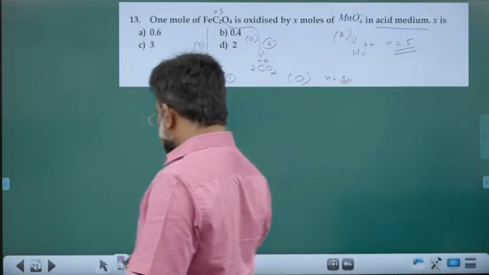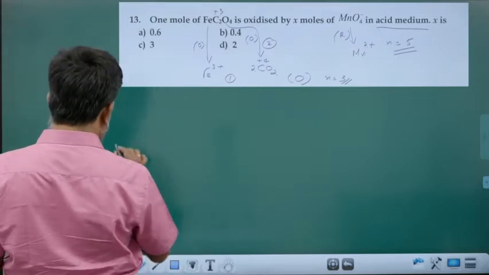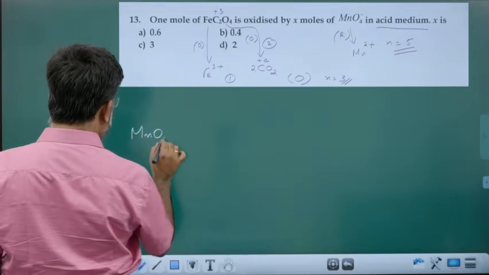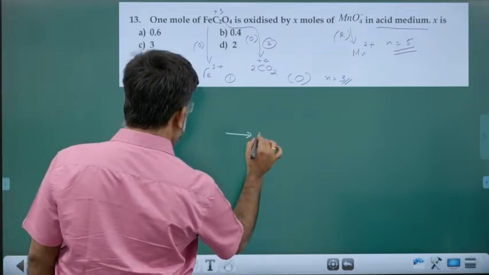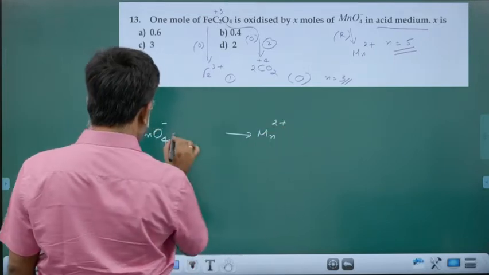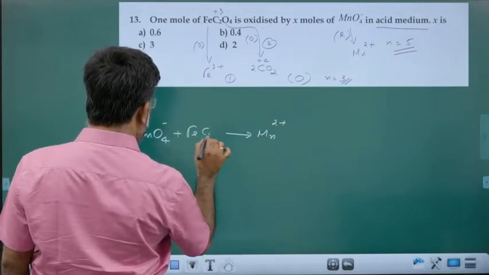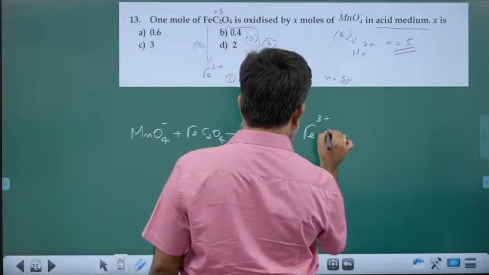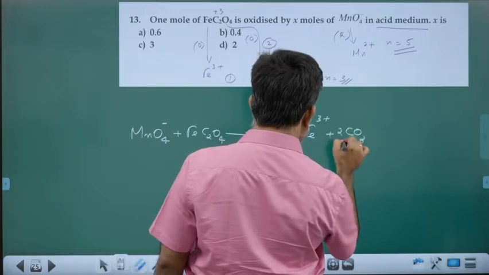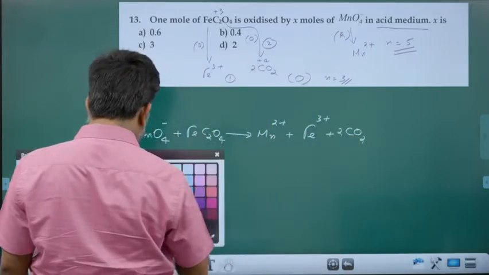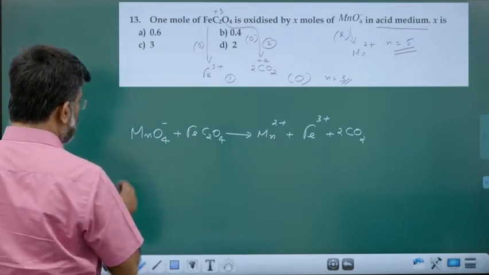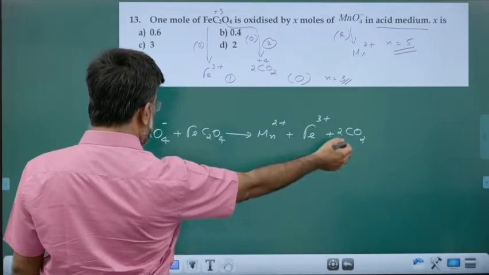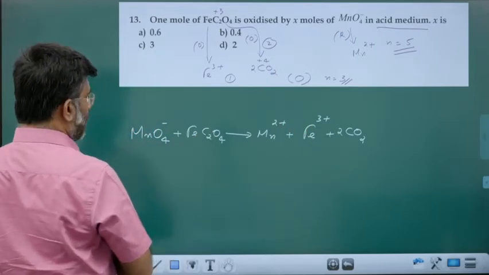So what is going to be the balanced equation? Permanganate will be converted to Mn2+, and ferrous oxalate will be converted to ferric and carbon dioxide. The balanced equation will carry a condition. This is converted to this, n factor of 5. This is converted to these two, and n factor is 3.